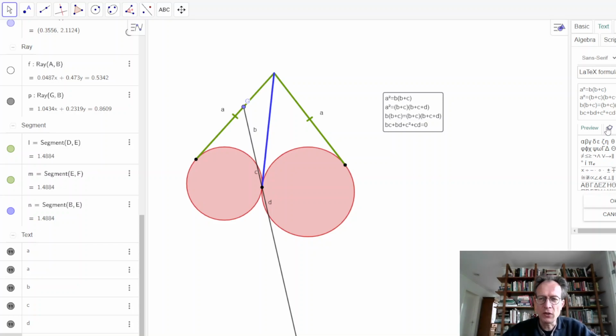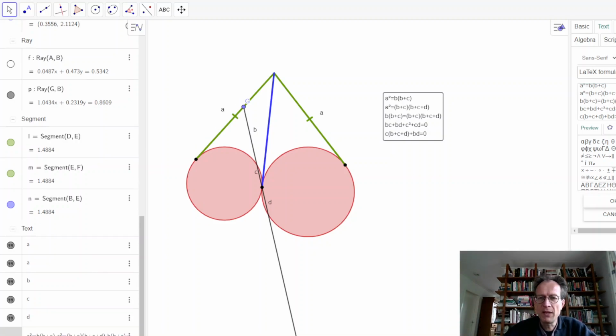There are two bc terms, so this is indeed correct. So if I rewrite that, let's factor out the c's. We have c times b plus c plus d, plus bd. Oh, that's very basic. Okay.